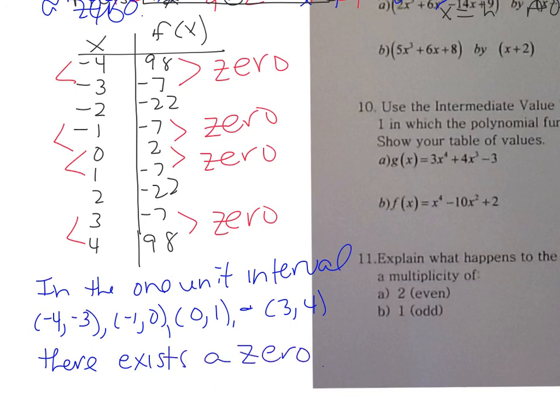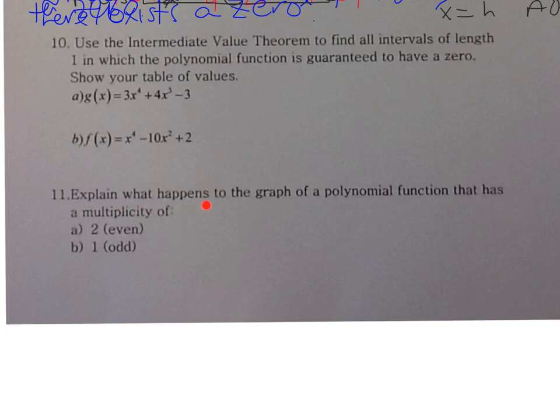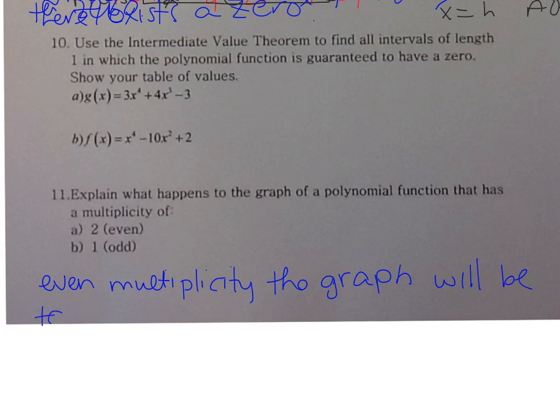Okay, and last one would be 11. Let's take a look at what 11 says. It says, explain what happens to the graph of a polynomial function that has a multiplicity of 2, which is an even multiplicity, and a 1, which is an odd multiplicity. So when I have an even multiplicity, the graph will be tangent to the x-axis at that 0.